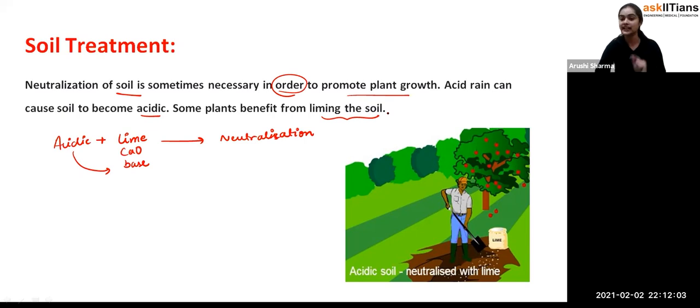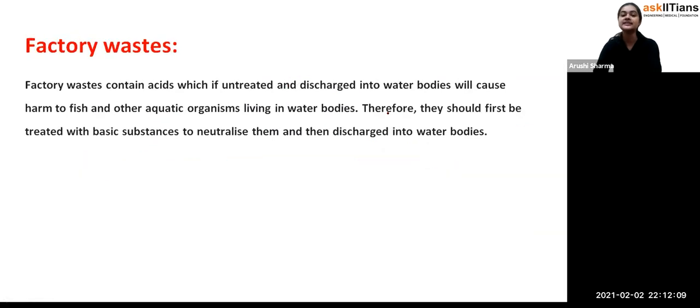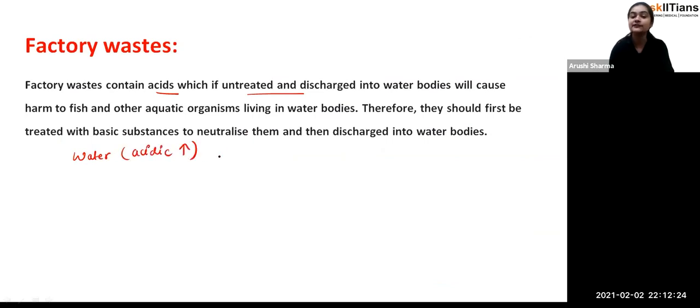So we have seen indigestion, ant bite and soil treatment. Now, the fourth one is factory wastes. Factory wastes contain acid which, if untreated and discharged directly into water bodies, what will happen, student? The acidic part in the water will increase, and that affects water life, meaning the animals which live in water.